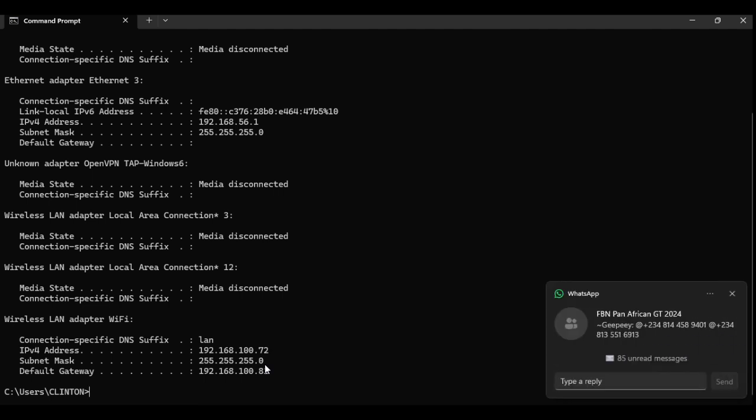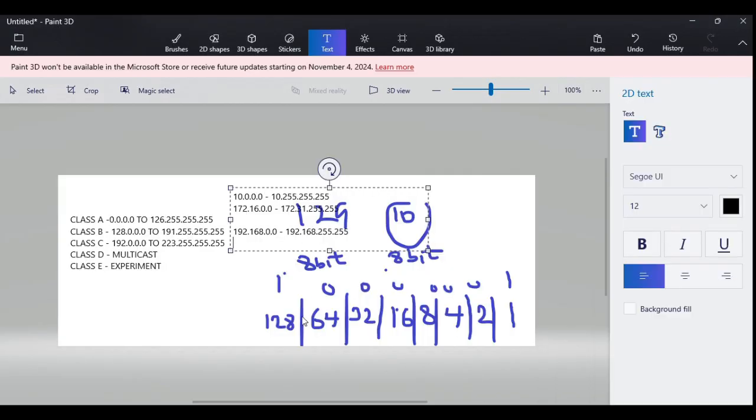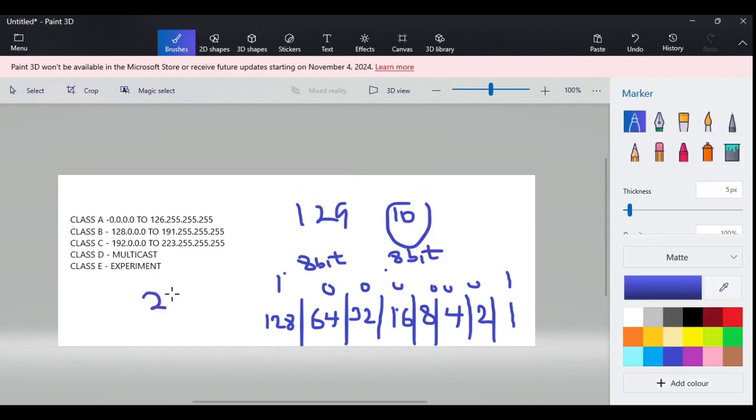How do I get slash 24? When I go back to this section here, this diagram and explanation I did is just for one portion, one octet in my IP addressing space. When you add up these numbers, you get 256 in total.